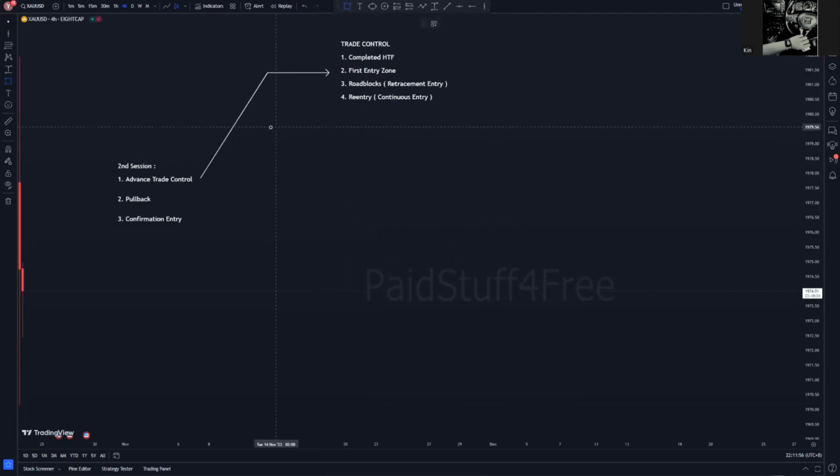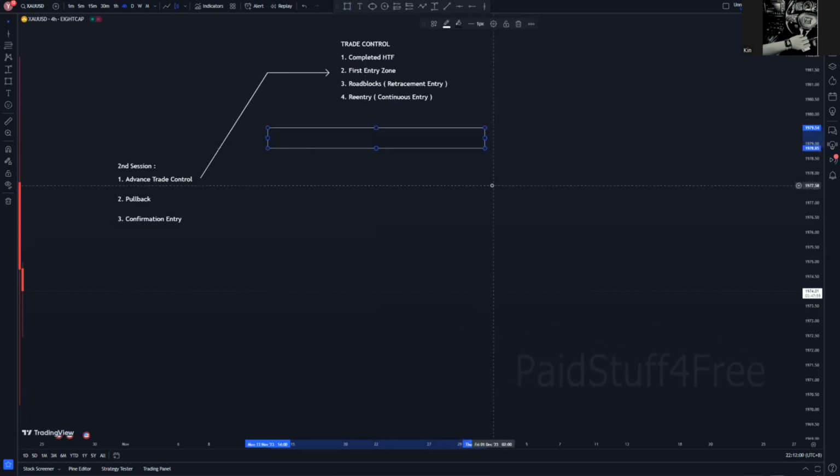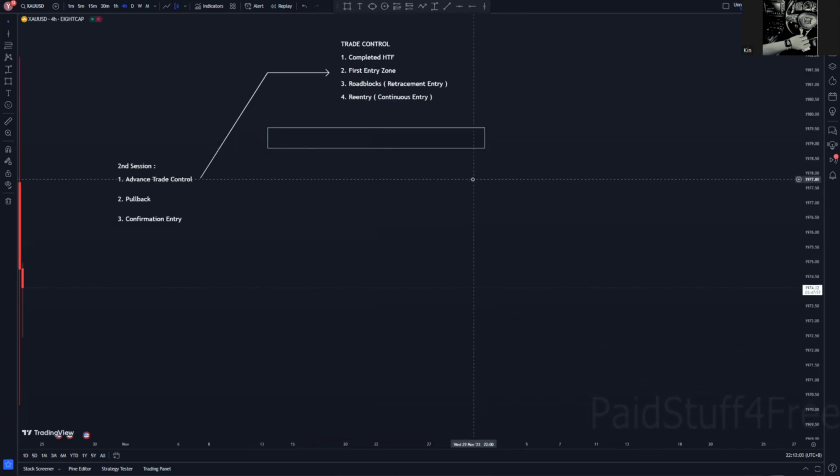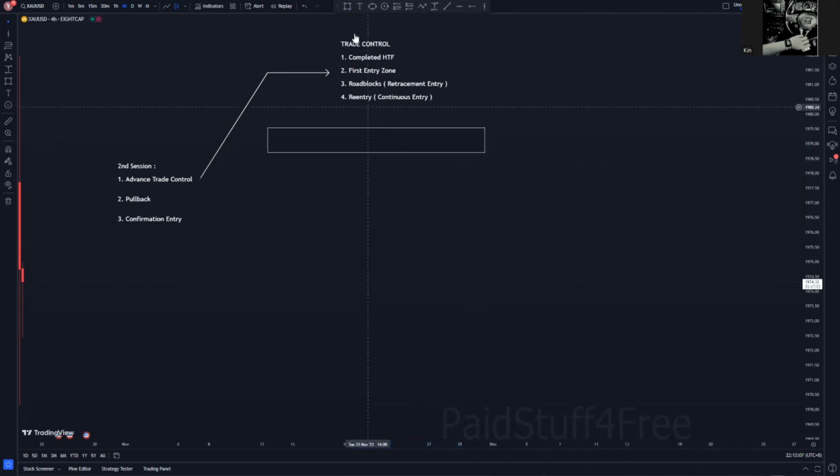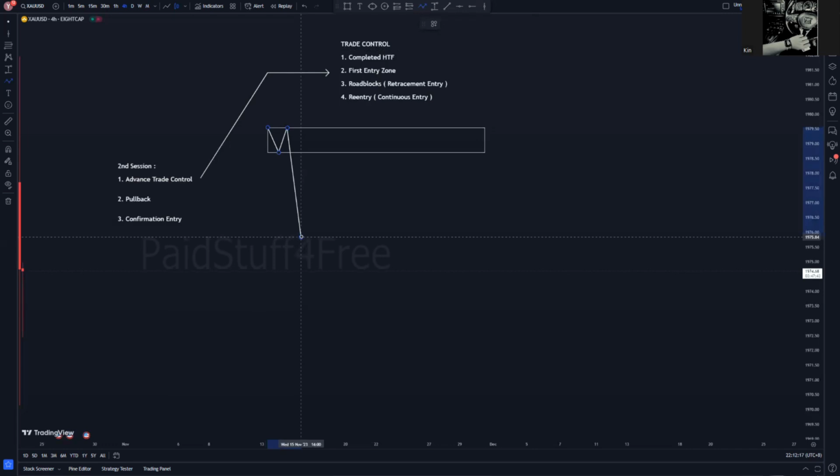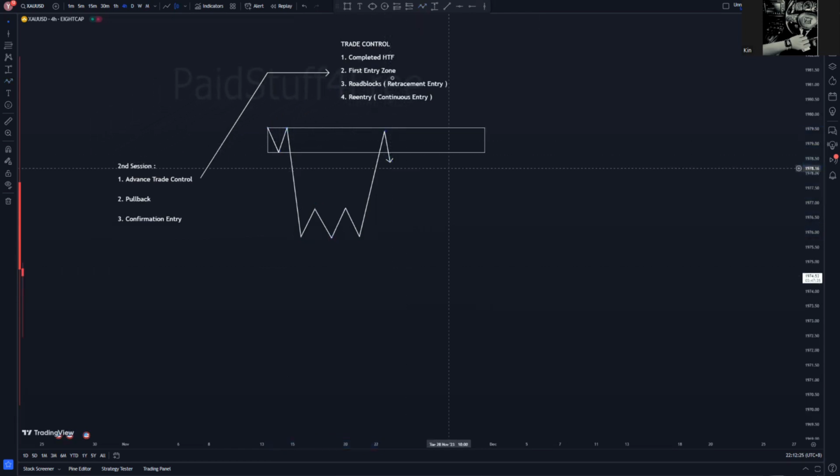The first one, like we learned about trade control in our first session, will look like this. We have this H4 EG sell. When the price gets into the sell zone of H4, we're going to wait for the price to create the trade control at the current market price.